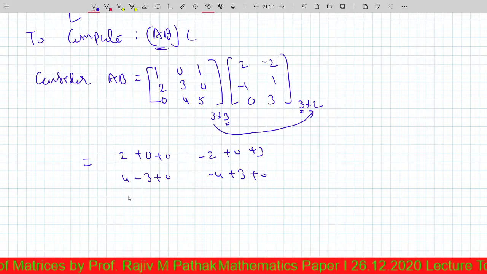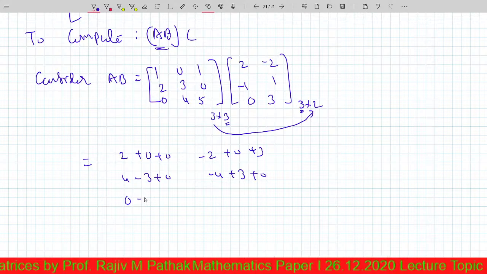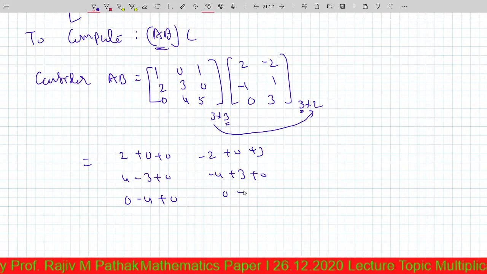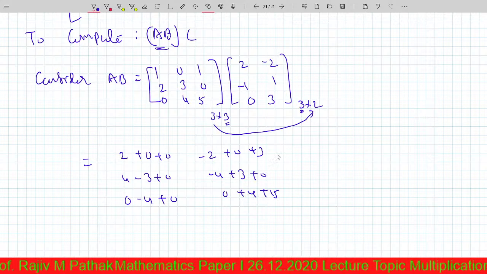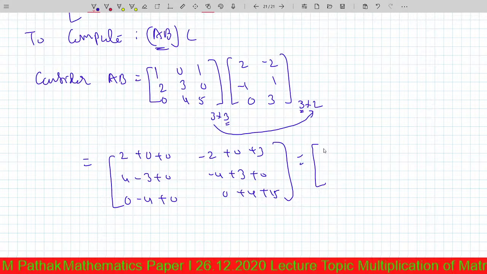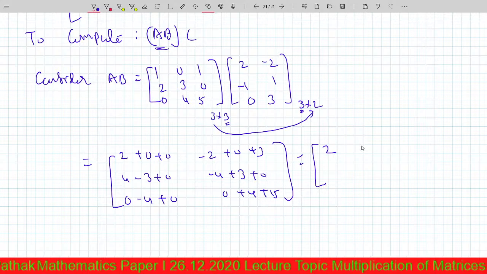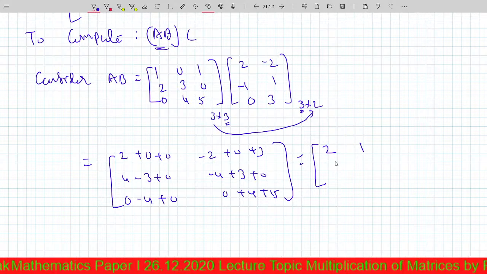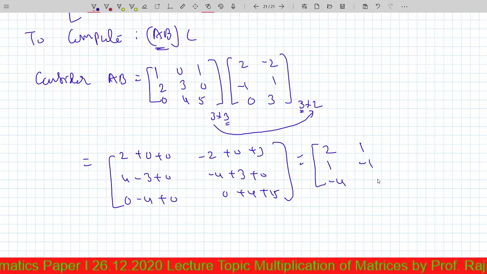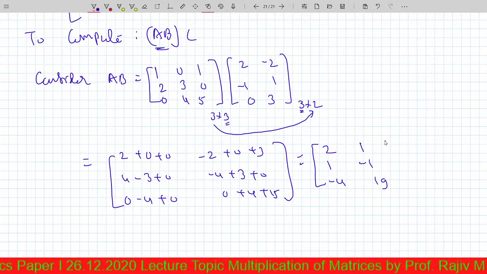Then come down, 0 into 2 is 0 minus 4 plus 0. Then 0 plus 4 plus 15. So AB is equal to 2, 1, 1, minus 1, minus 4, 19.